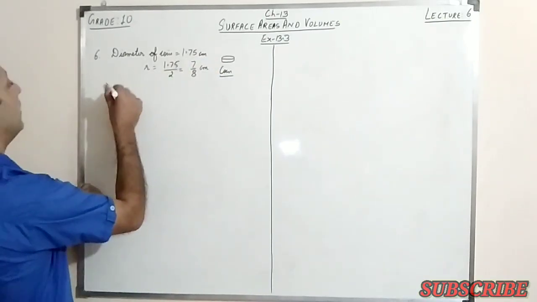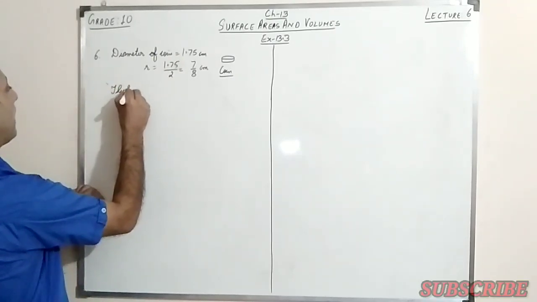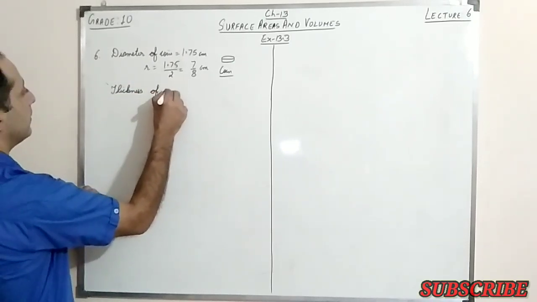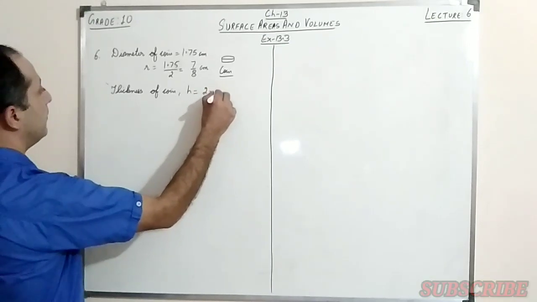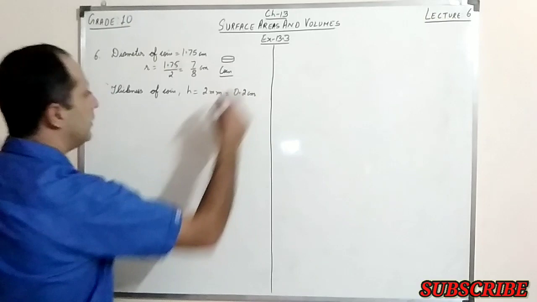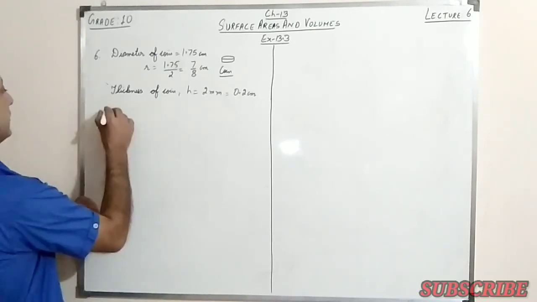So now the thickness of coin, that is H is given to me as 2 millimeter. I can write it as 0.2 centimeter, right?